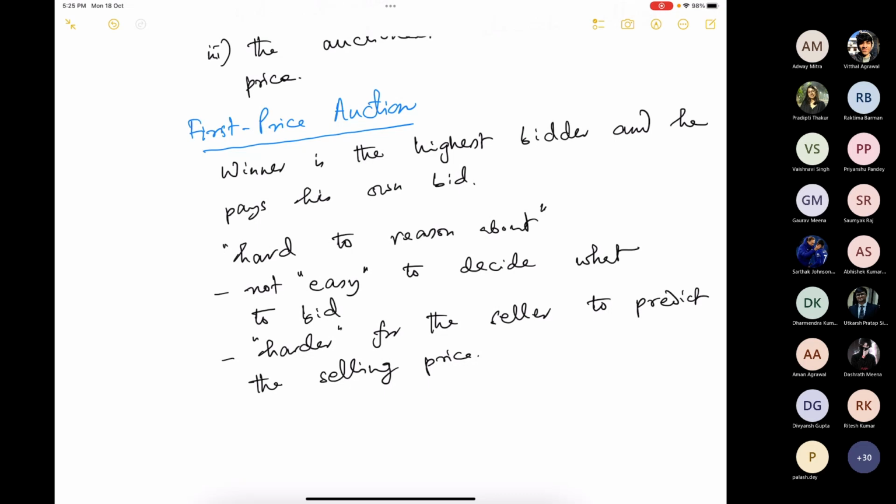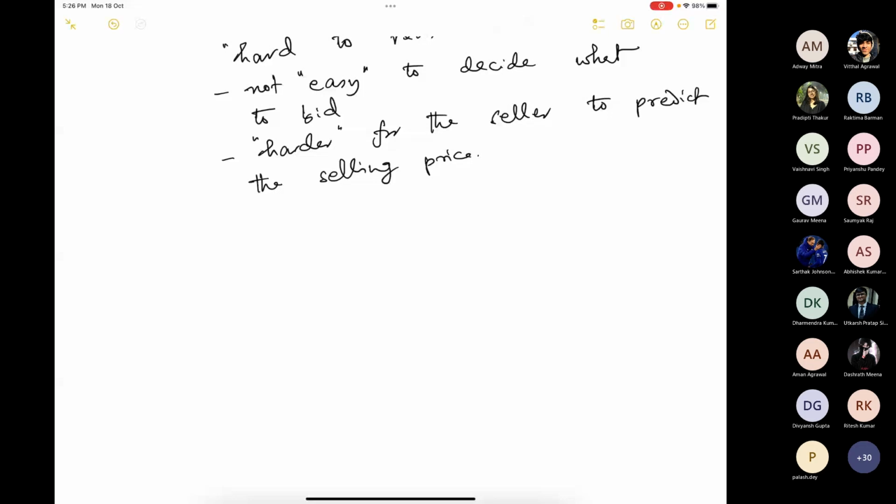Okay, so let's see another auction that has all these good properties and does not have these bad properties, and that is called the second price auction, also called the Vickrey auction after the name of the inventor.